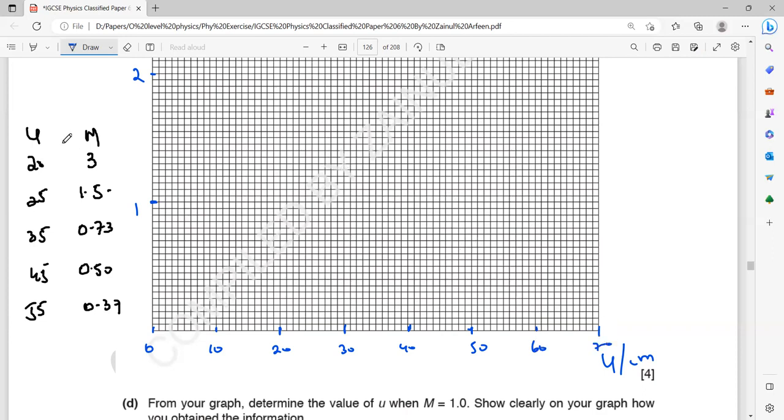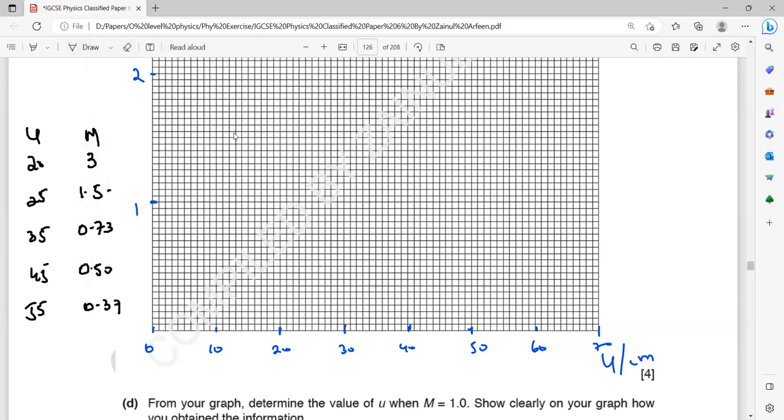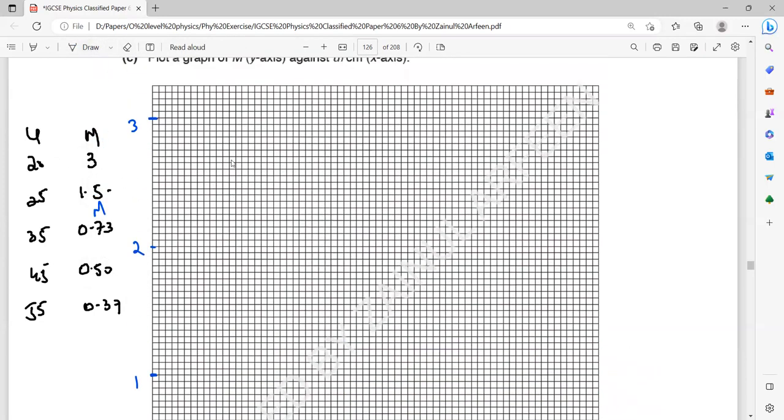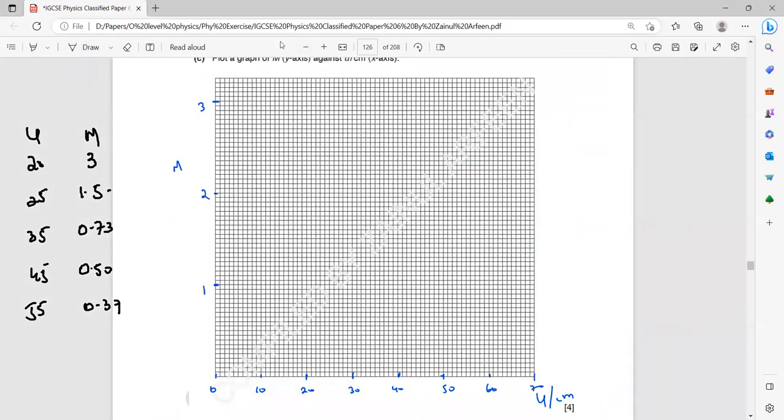Now we plot the results. When u is 20, m is 3. So when u is equal to 20, m is equal to 3.